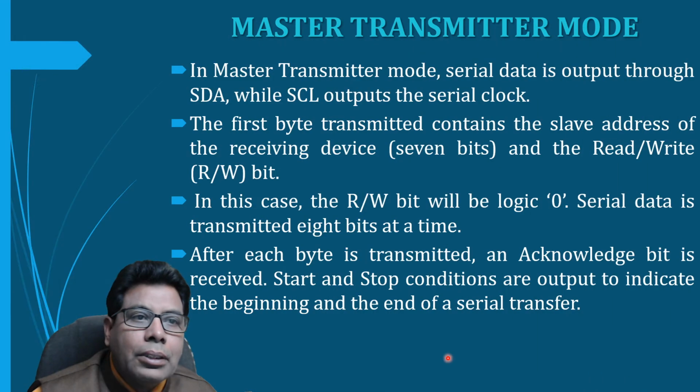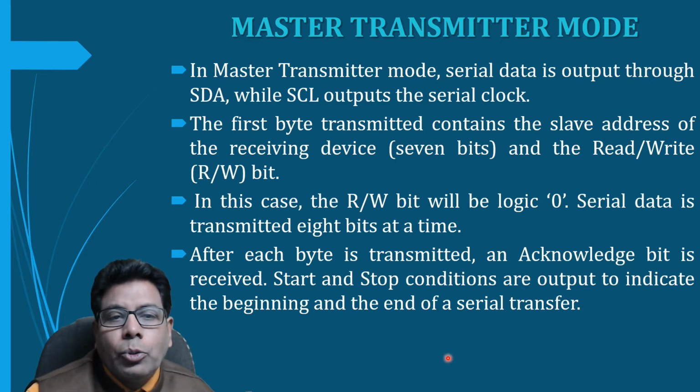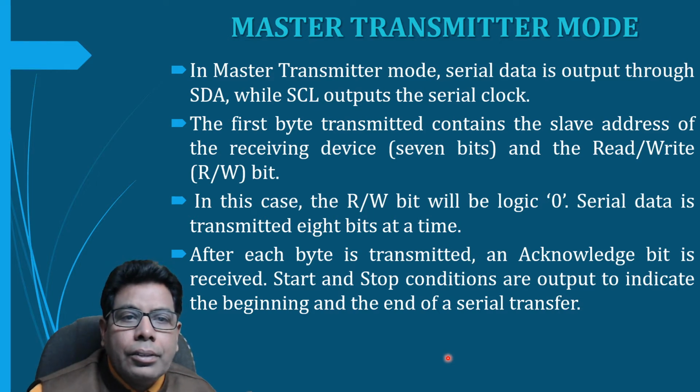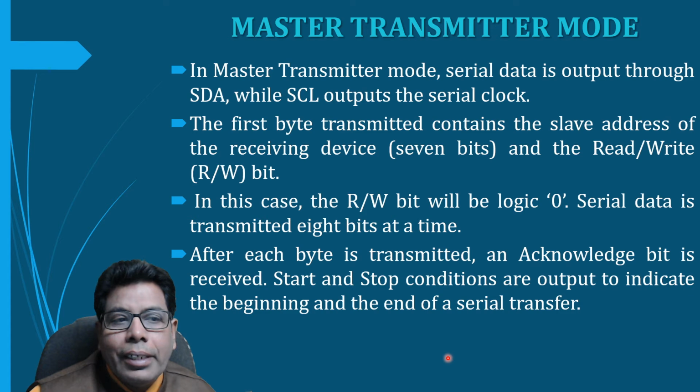And let us go to the master transmitter mode. So in master transmitter mode, serial data is output through the serial data line, and the serial clock output is available at the SCL. So the first byte transmitted contains the slave address of the receiving device.